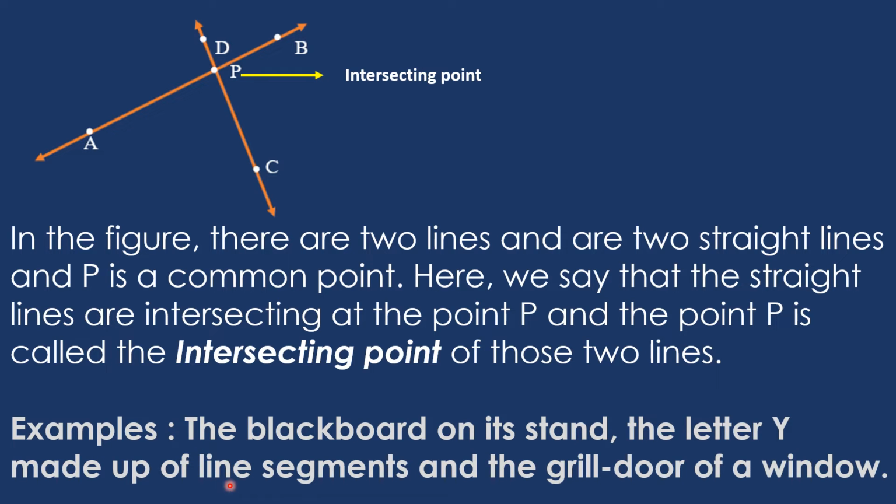Examples: the blackboard on its stand, the letter Y made up of line segments, and the grill door of a window. So these are some examples of intersecting lines.